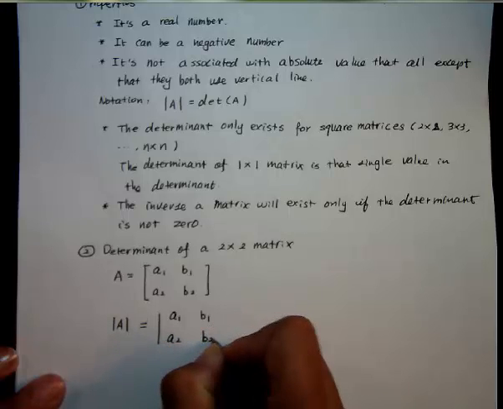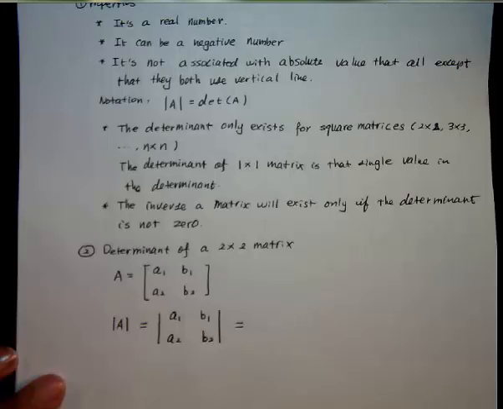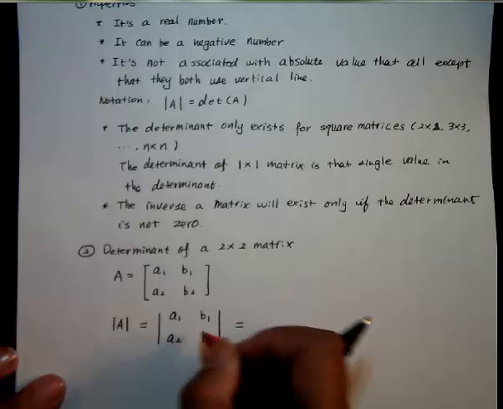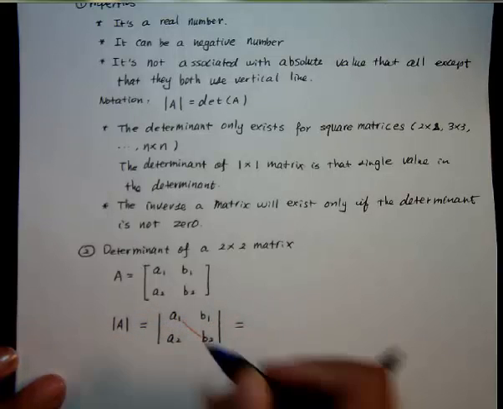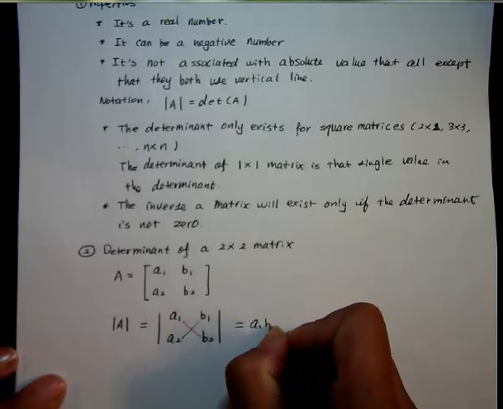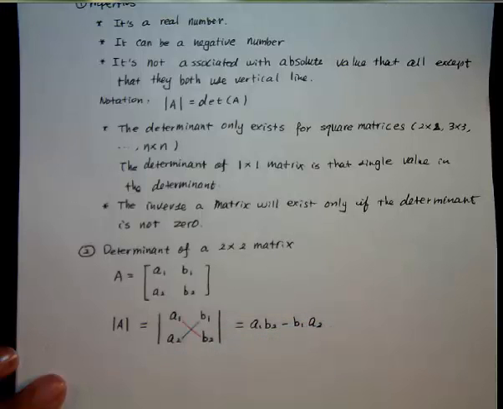That equals, you do the diagonals. This one multiplied by this one, the main diagonal, and minus. So it's equal to a1 b2 minus b1 a2.